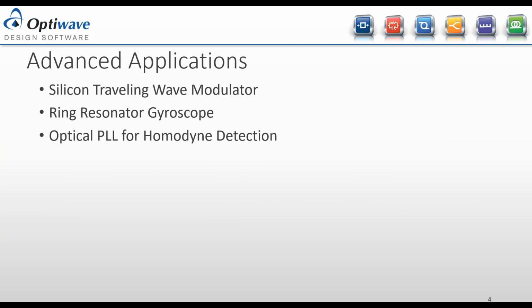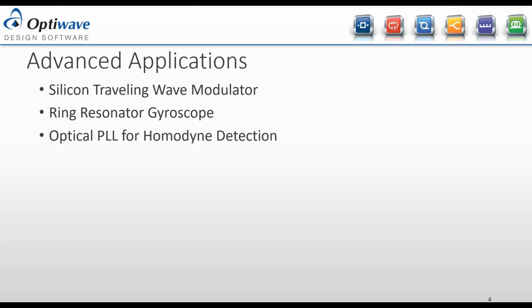Now let's look at the advanced applications for today. We have 3 of them. The first one is the traveling wave modulator, which leverages the advantages of SPICE, as we can do both electrical and optical simulations. The second one is a ring resonator gyroscope.